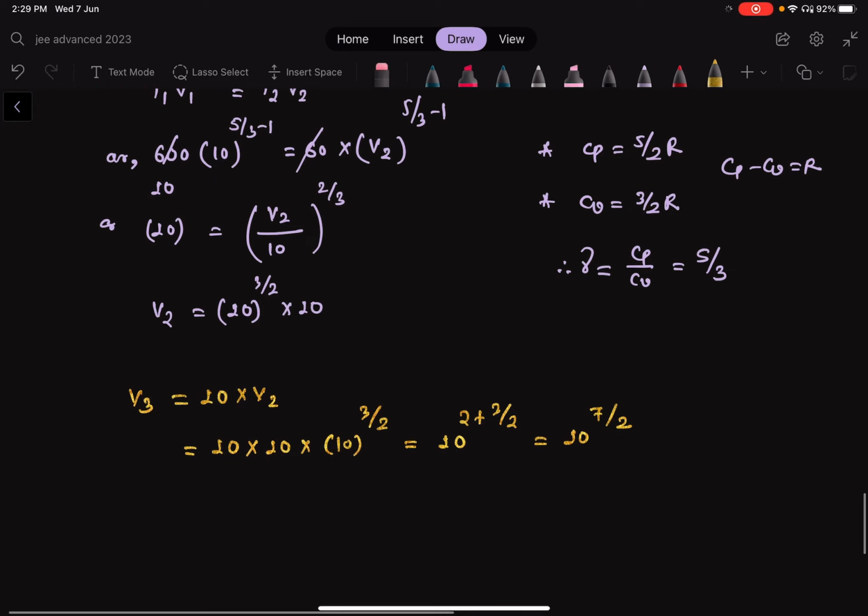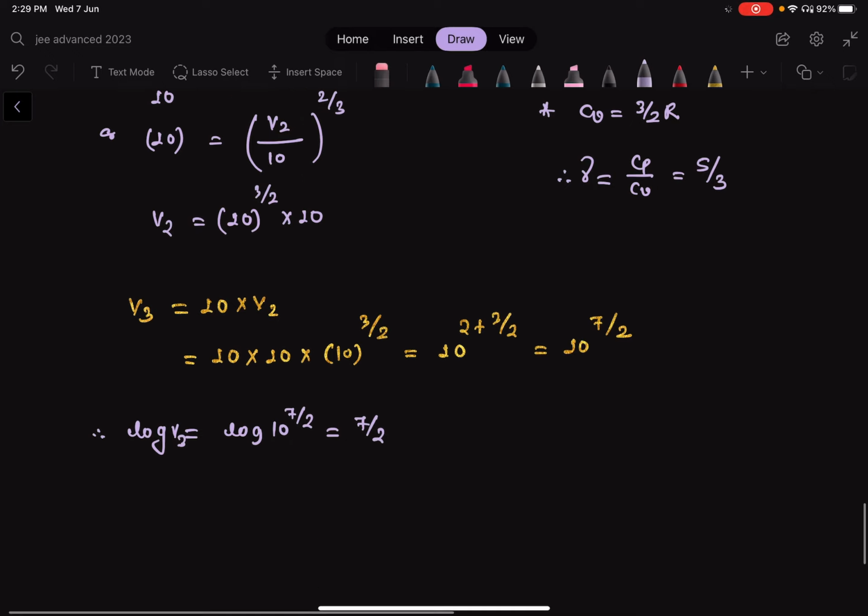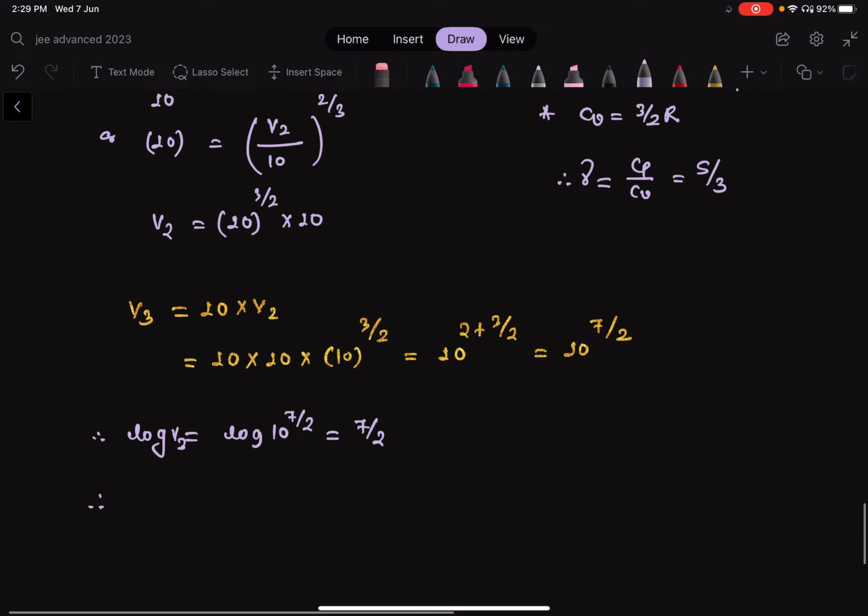So this is the value of V3. Now if you take the logarithm both sides, log V3 will become 7 by 2, and if you multiply that with 2, then we get the value of 2 log V3, that is equal to 7. So 7 will be the correct answer.